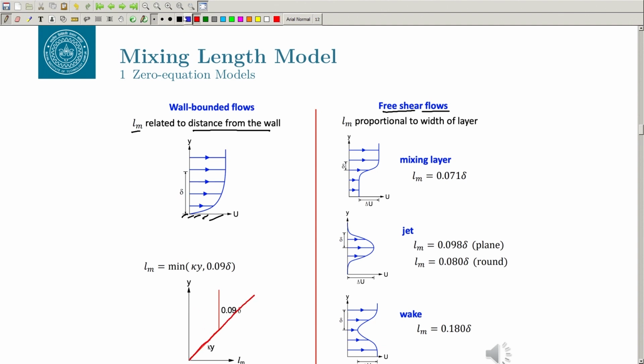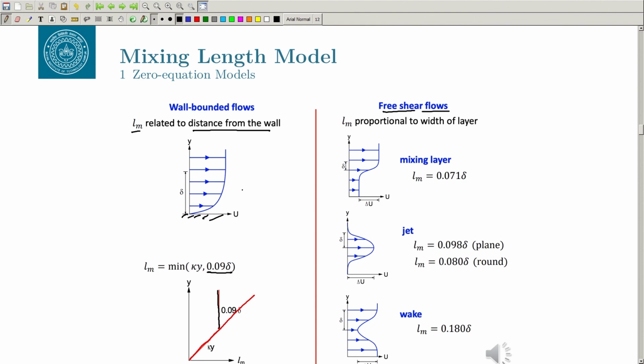But if you use this argument of Cebeci and Smith, then it gets limited here. So this will be the minimum of either kappa y or 0.09 delta. So you get the mixing length limited, and it does not arbitrarily increase when you go away from the wall. For the free shear flows, the argument was that instead of a boundary layer, which is not there in the free shear flow, you can have some kind of width.